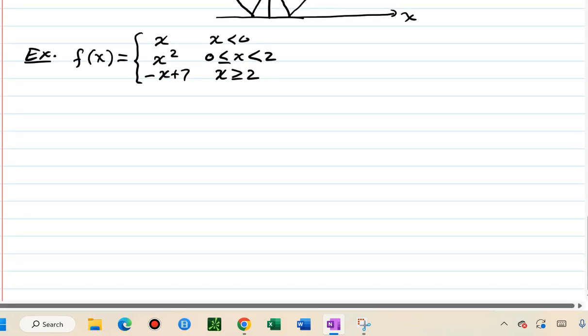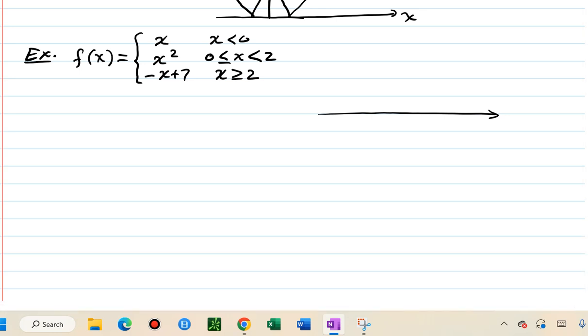So if I graph this function now, here's the x-axis, and this is going to be, let's say, the y-axis. So the first part, again, is the identity function. Remember, the identity function looks like this, correct? The reason I made this other part of it dotted is because the identity function is good only for negative numbers. So we don't actually need this portion of the identity function because it's not valid for anything 0 or higher.